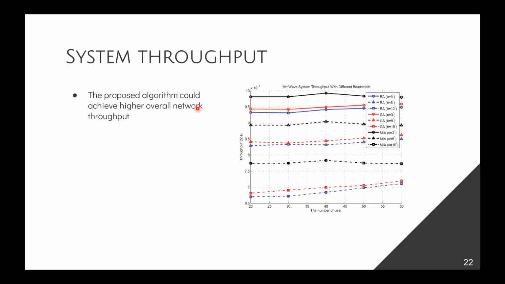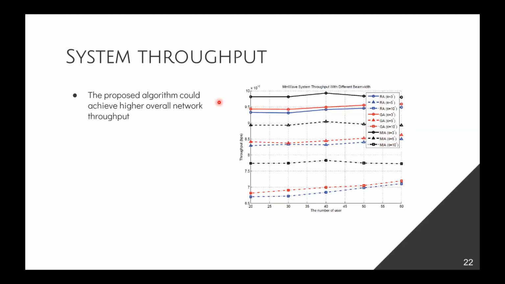So the proposed algorithm gets the higher throughput in this evaluation, and as we can see here, these are 3 different measurements of the beam width. With the smallest beam width, we can achieve the higher throughput. But with the higher beam width, the throughput will be lower, because there is more chance to get interference.